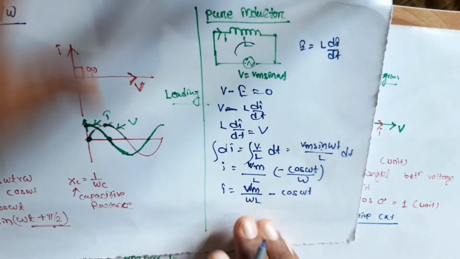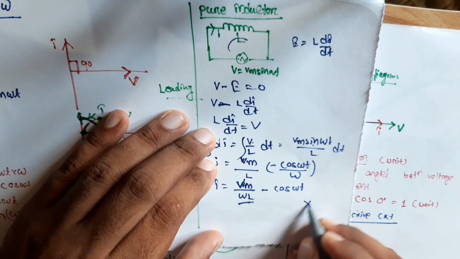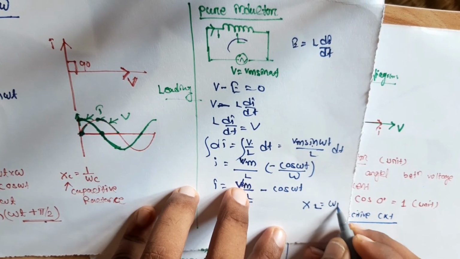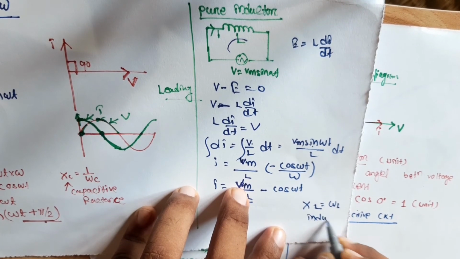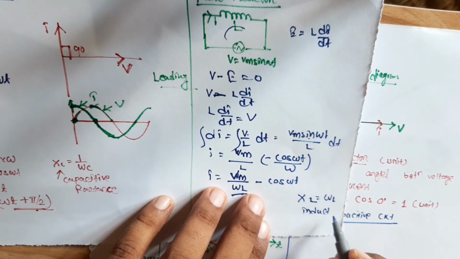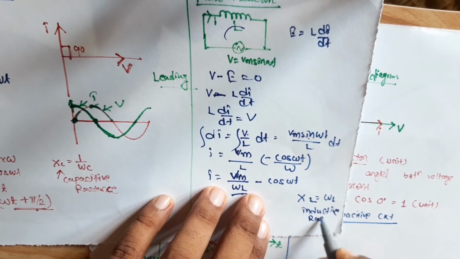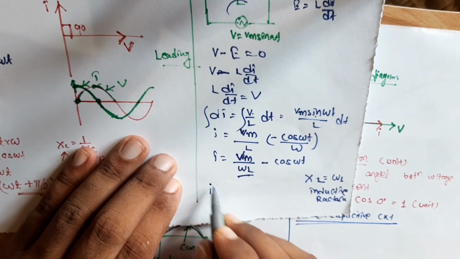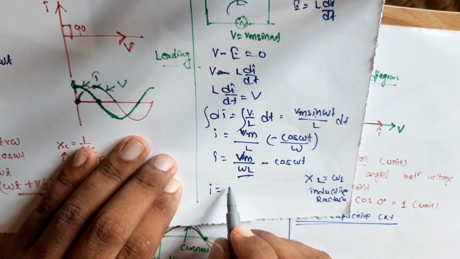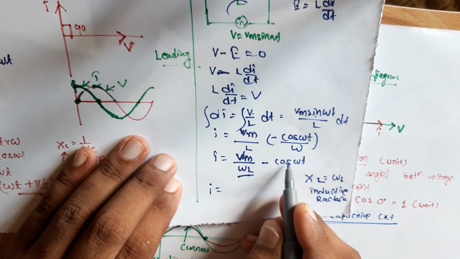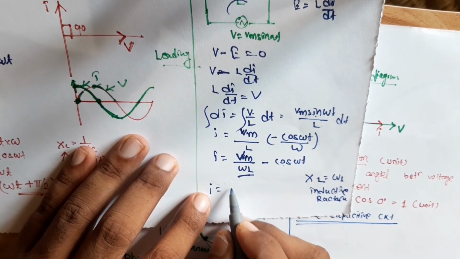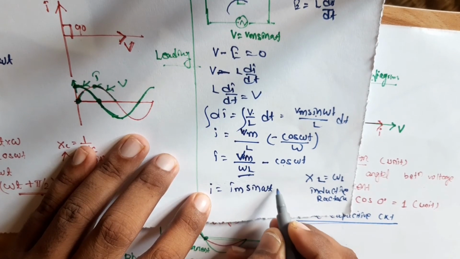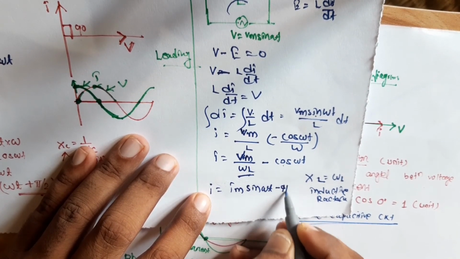We know here that omega L is XL, the inductive reactance. Then when you convert cos to sine, we finally got I equal to Im sin(omega t minus pi by 2).